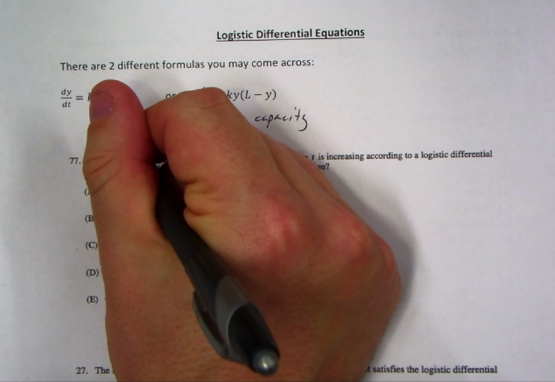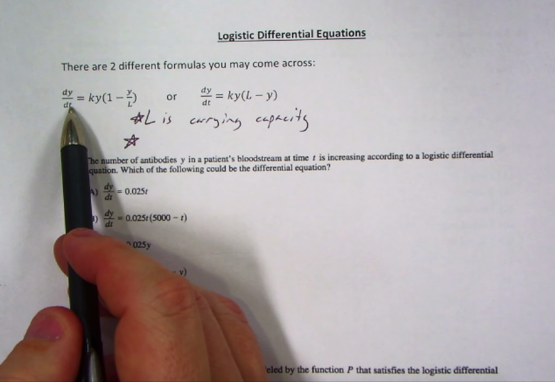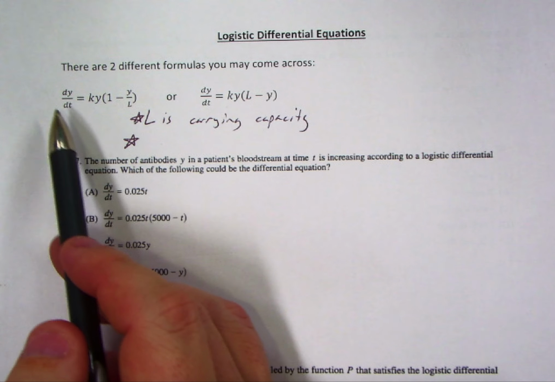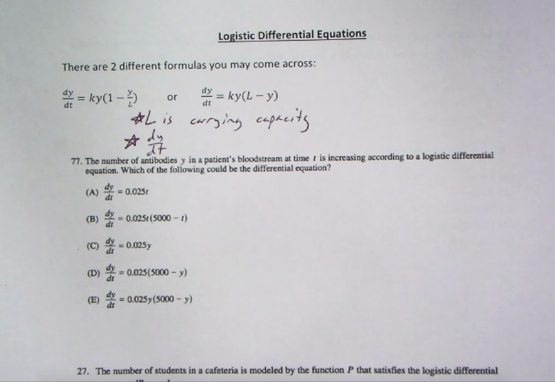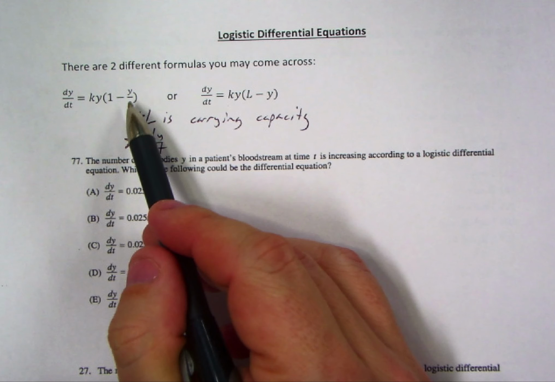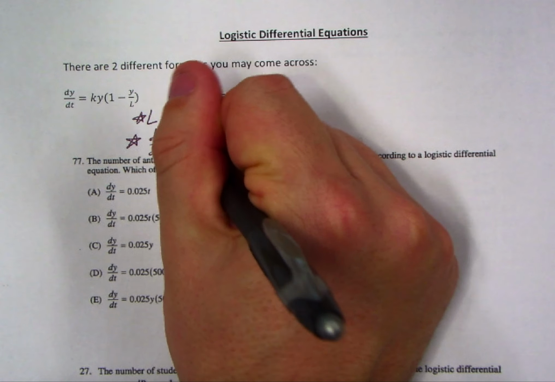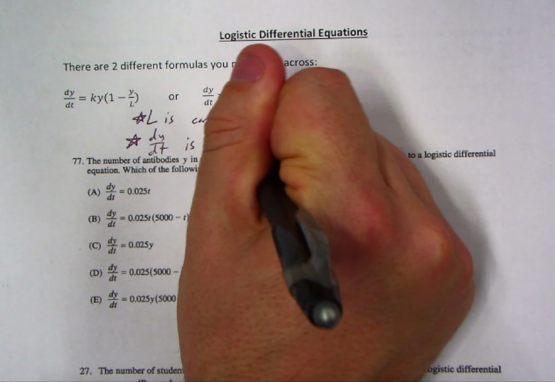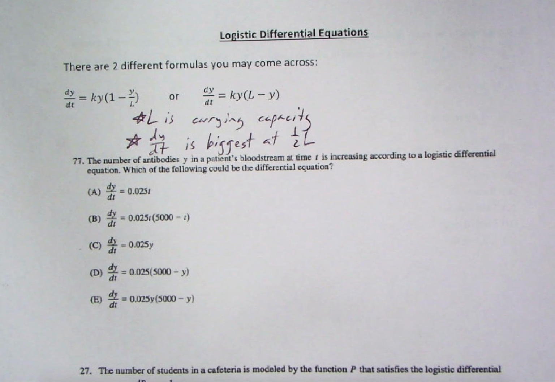The second big thing is that the rate at which the population is growing, so dy/dt, is always the largest at half of the carrying capacity. It's always the largest at half of L. So it's biggest at 1/2 of L, always. So these are the two really important things that we need to understand. We need to know what the graph looks like, and we need to know these two things here.